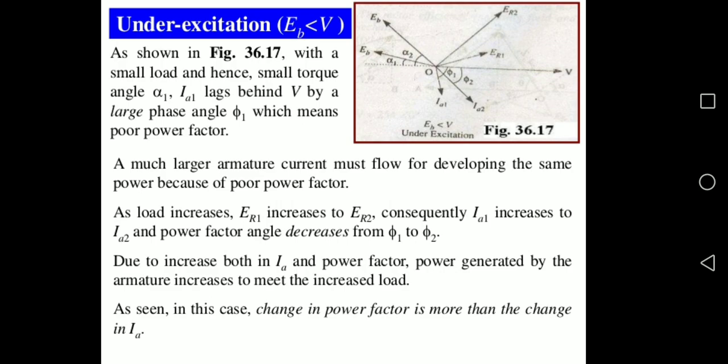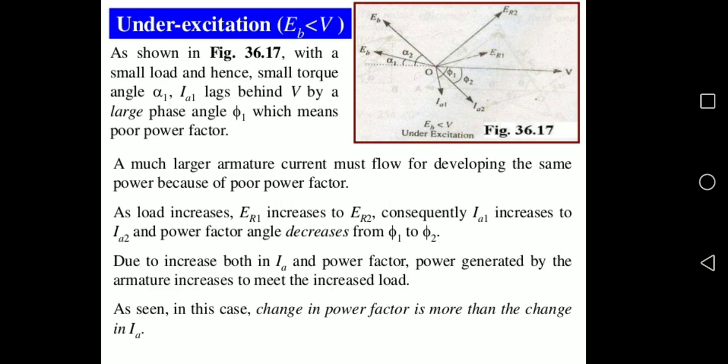Then the back EMF developed in the armature conductor is very much less than the supply voltage available in the armature conductors.